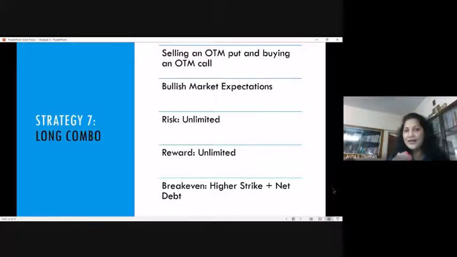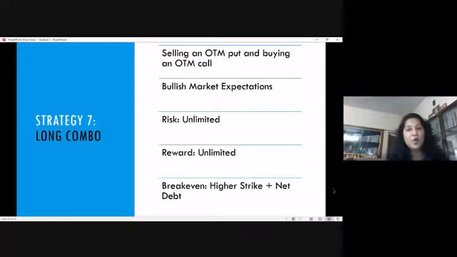Selling in the sense he is selling his right for a put. So definitely if the other party exercises, he has to provide this asset. Naturally, he needs to go with buying that.